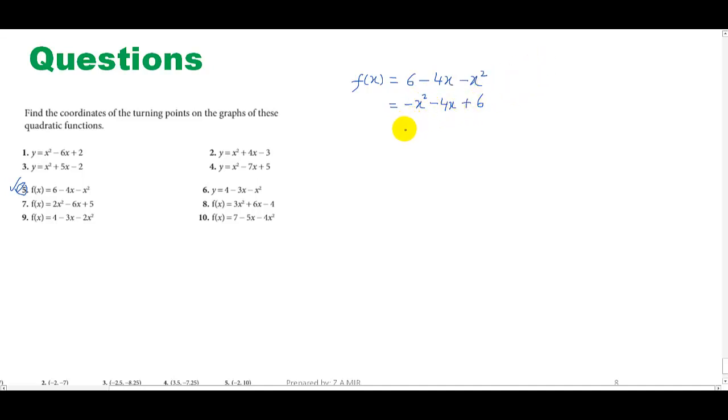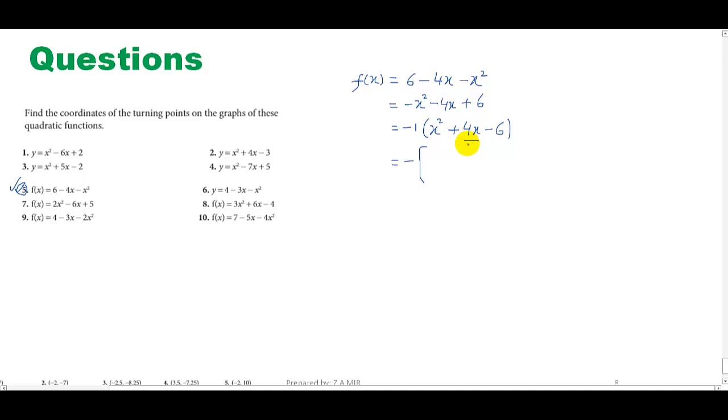Remember, to go for completing the square, the coefficient of x square should be plus 1. So let me take minus 1 common here. x square plus 4x minus 6. Now I will use the criteria of completing the square inside this bracket.